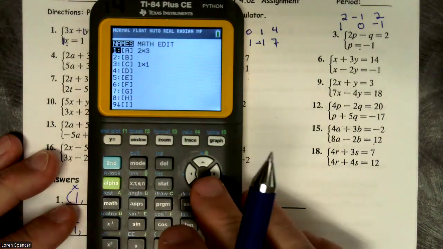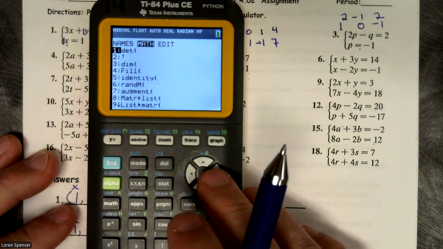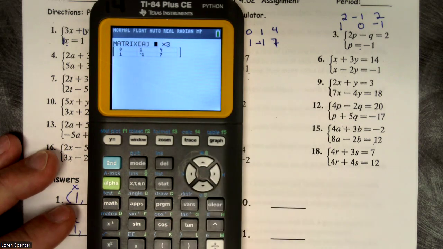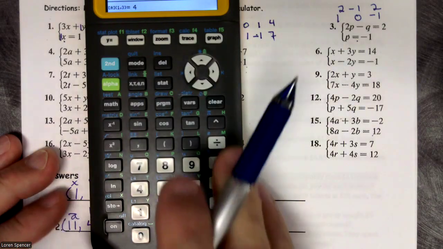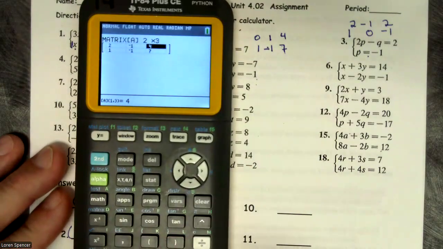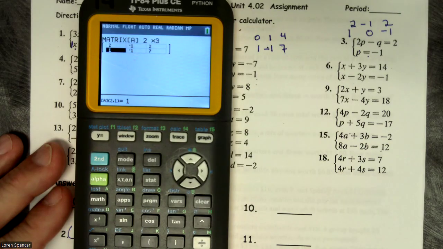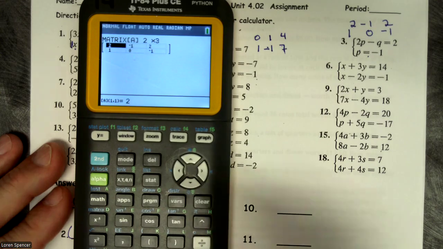So blue matrix, arrow over to the word edit. And we have a 2 enter, 3 enter, and 2 enter, negative 1 enter. Please don't forget, when it's negative, don't use the minus sign. Use this button, negative 1 and 2. 1 enter, 0 enter, negative 1.